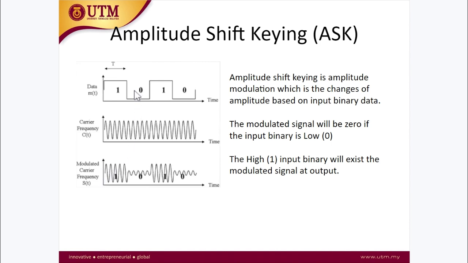And when the input data in binary is 0 or low, the amplitude will also have a lower value. The modulated signal will be 0 if the input binary is low. The modulated signal will be 1, or equal to the amplitude value, when the input binary is 1.